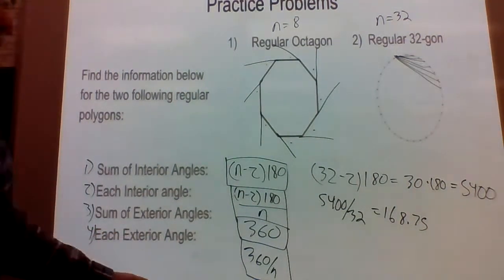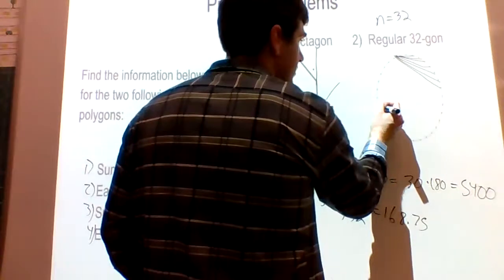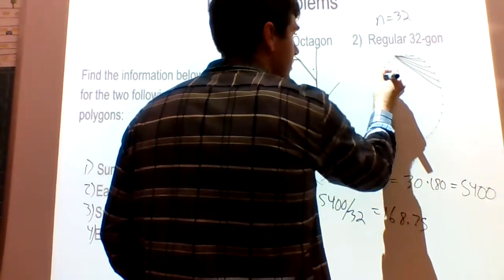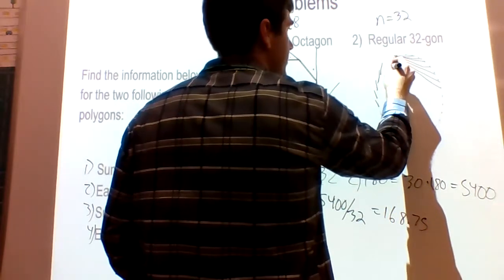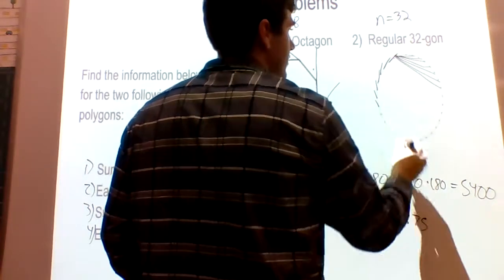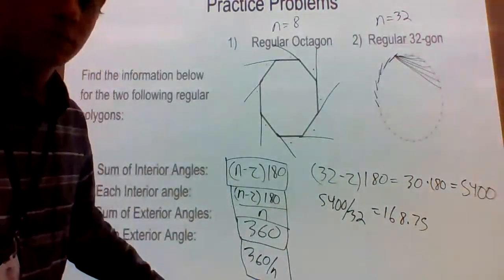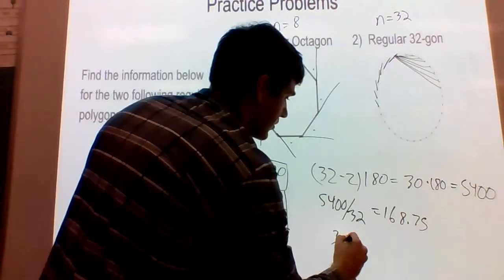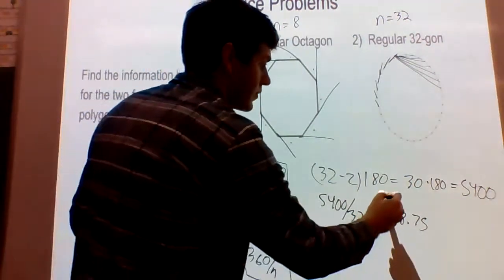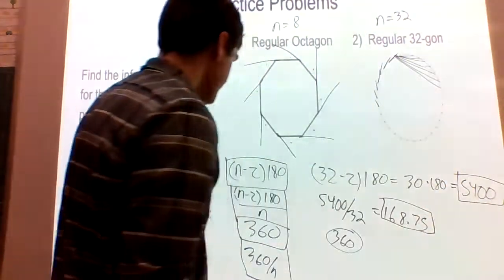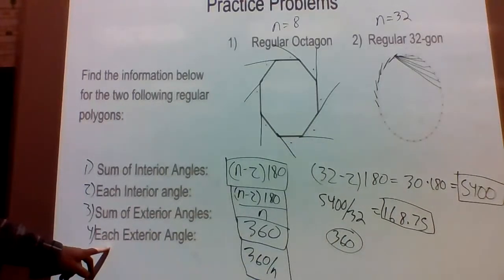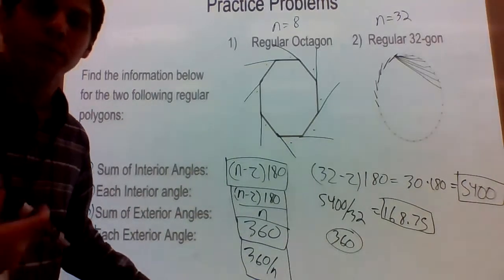Sum of the exterior angles, if we could draw all the exterior angles on here, which is kind of ridiculous. All those would add up to 360. And the last one asks for each exterior angle, but we have to divide by the number of angles that there are.